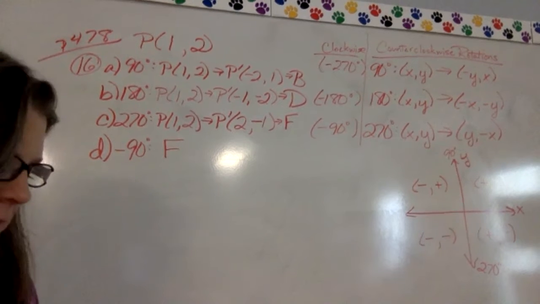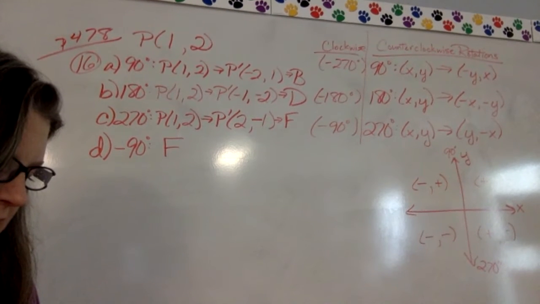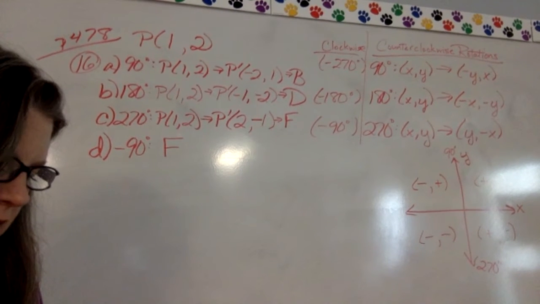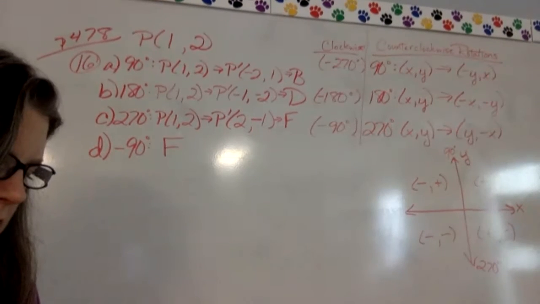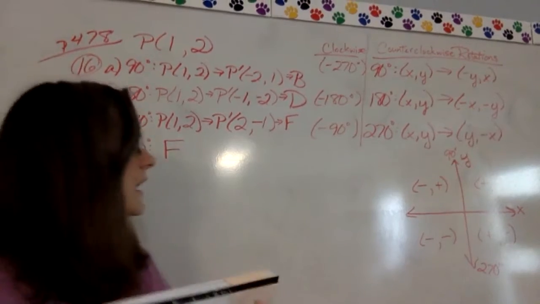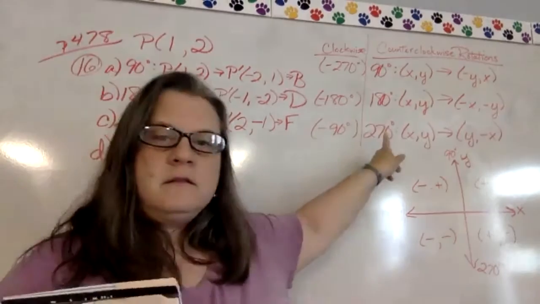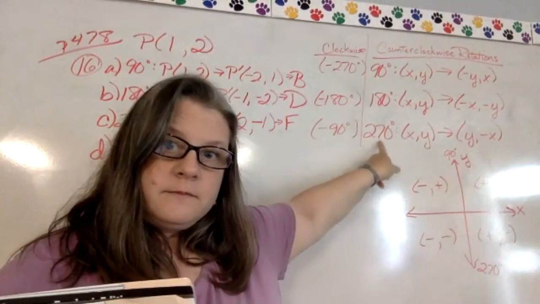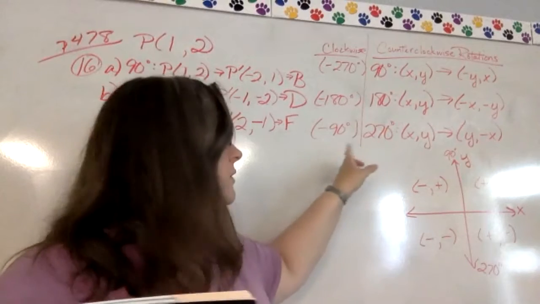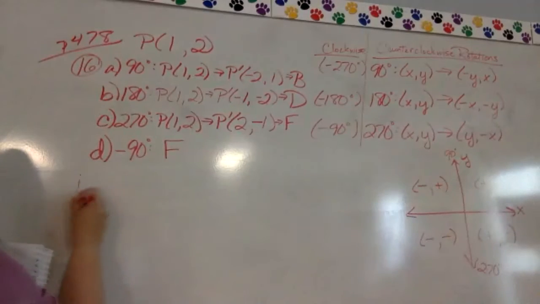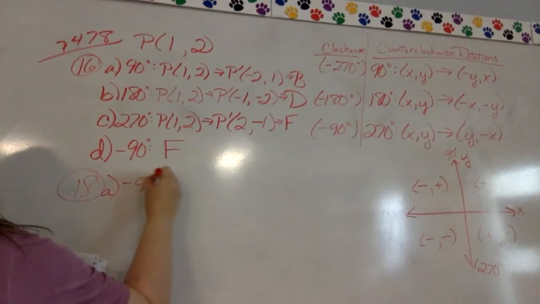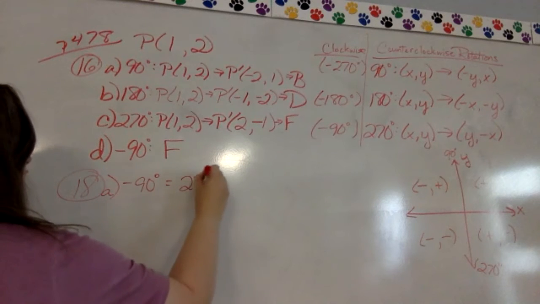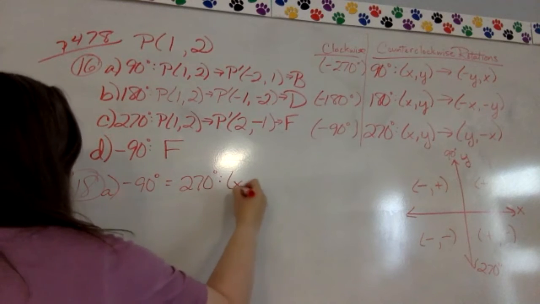Because on part A of 18, it says a -90-degree rotation. So it says write it as a positive counterclockwise rotation and then state the rule. So -90 we said is a 270. This is how you're going to do those on that one. You'll have -90 degrees is equal to a positive 270 degrees and then you'll write your rule.